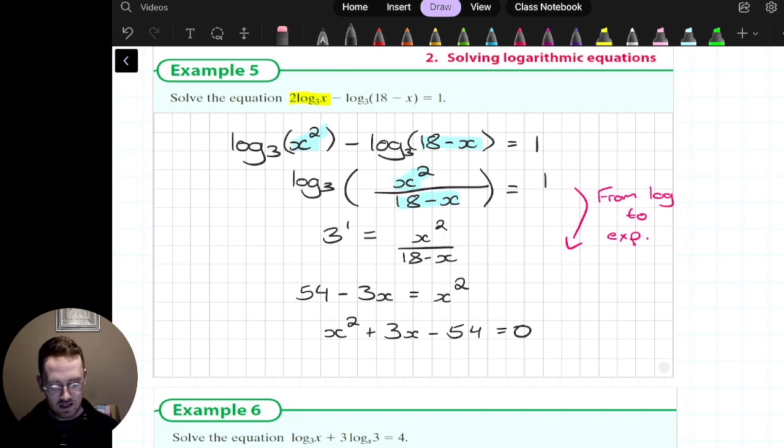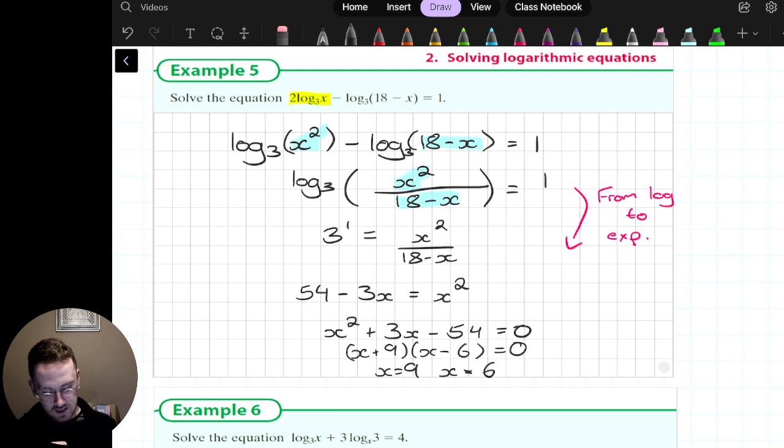Okay, so that should be 9 and 6. So we're going to get, let's see, x plus 9 and x minus 6 equal to 0, and then that means that x is equal to 6 and x is equal to minus 9, so minus 9 plus 6.